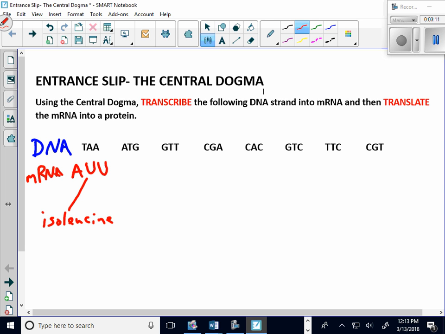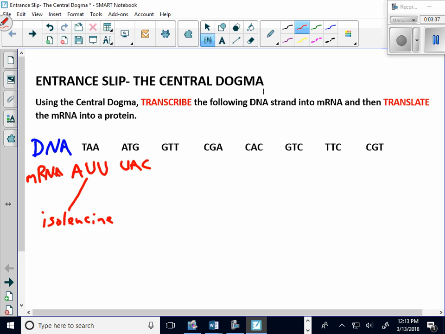Now, my next three bases, and remember, three bases make what we call a codon that then translates for an amino acid. So my next three letters are going to be U, A, C, right?